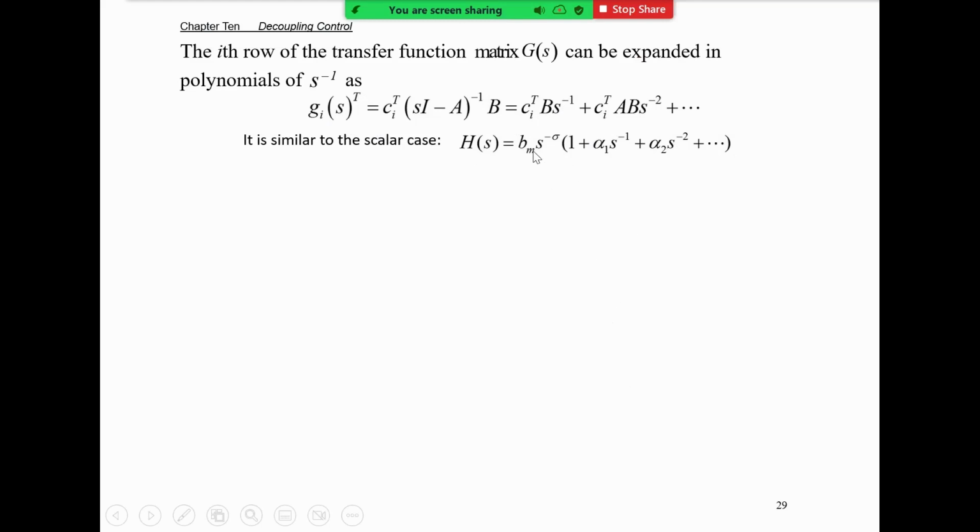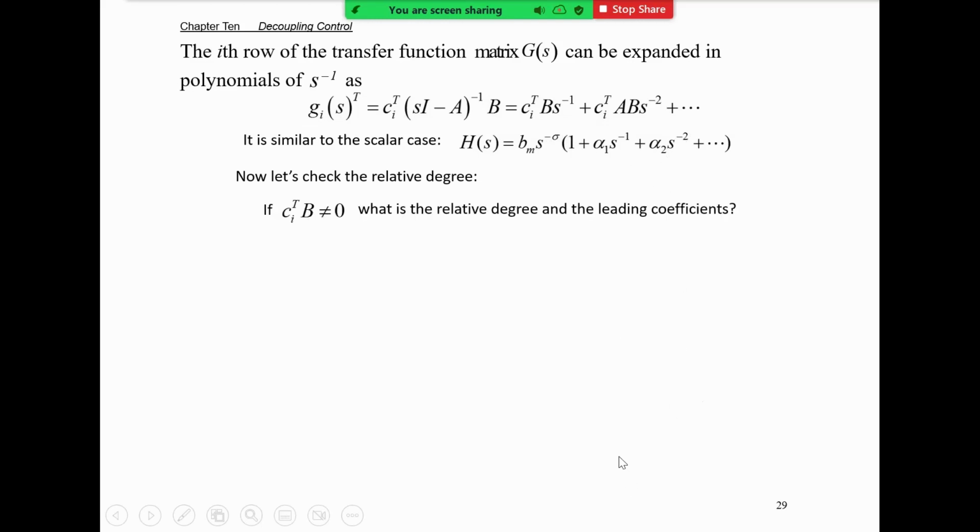We know that S to the minus sigma will be the leading term of the polynomial, where of course B_m is not 0. Let's check out the relative degree in the same fashion as for the scalar case.